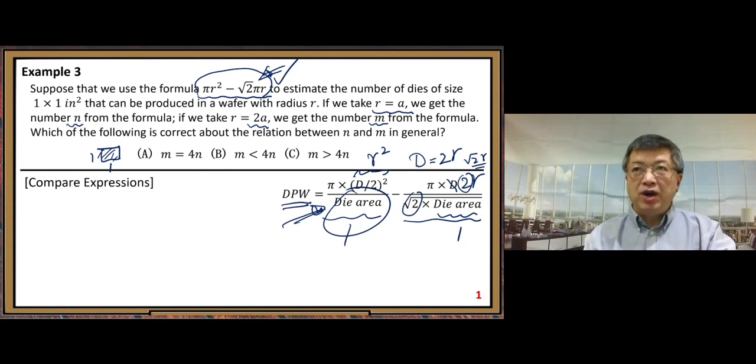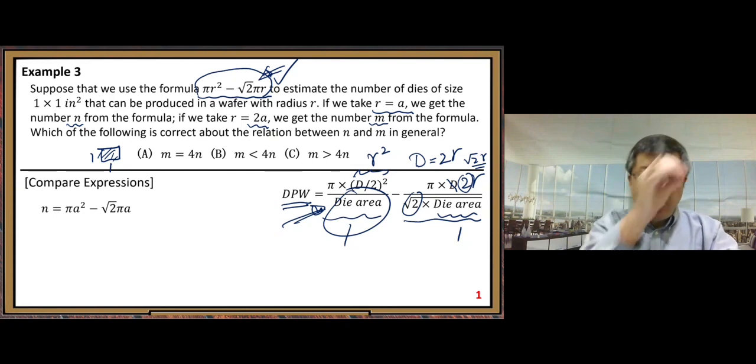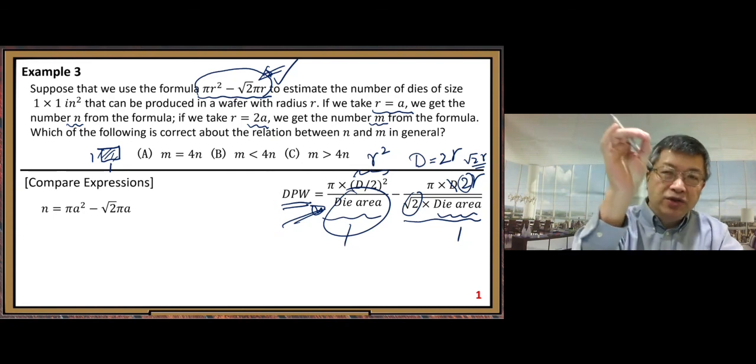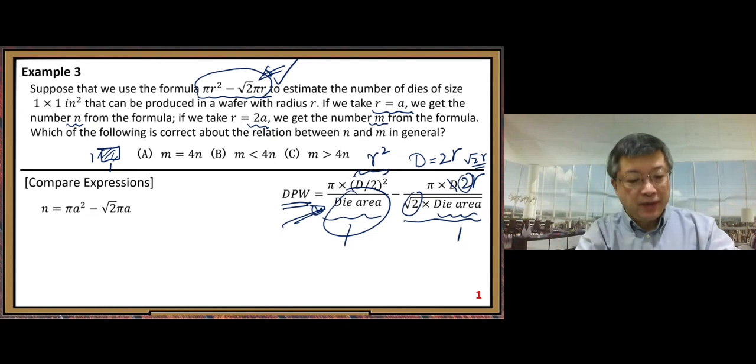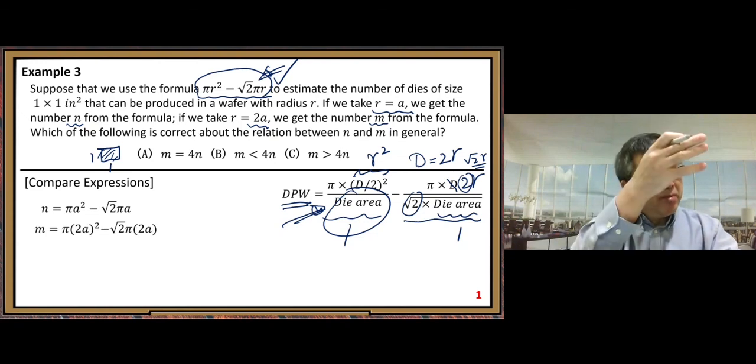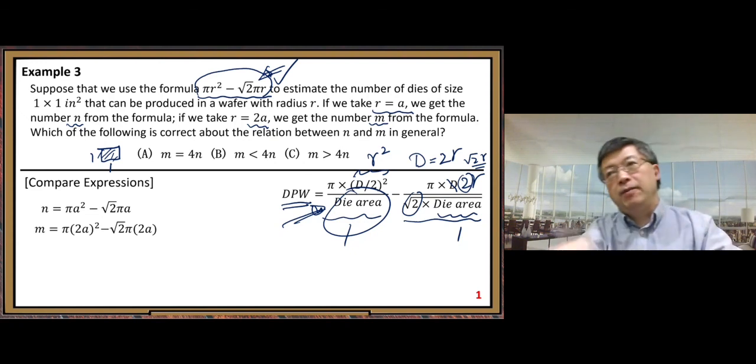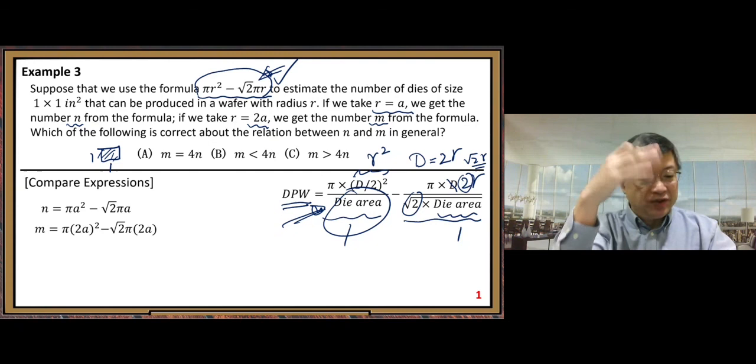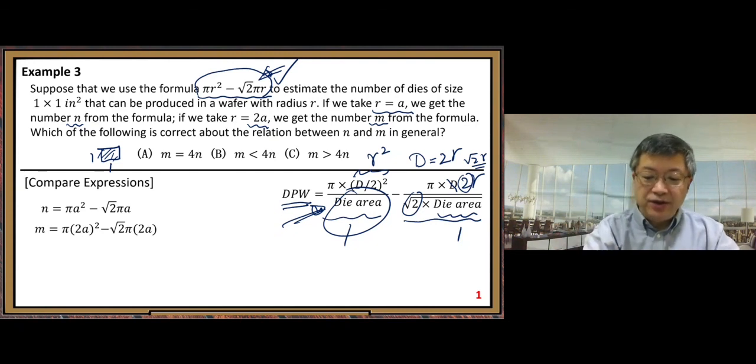The first expression, N, we plug in R equals A. The second expression, M, we plug in 2A for R. So now we compare these two expressions.